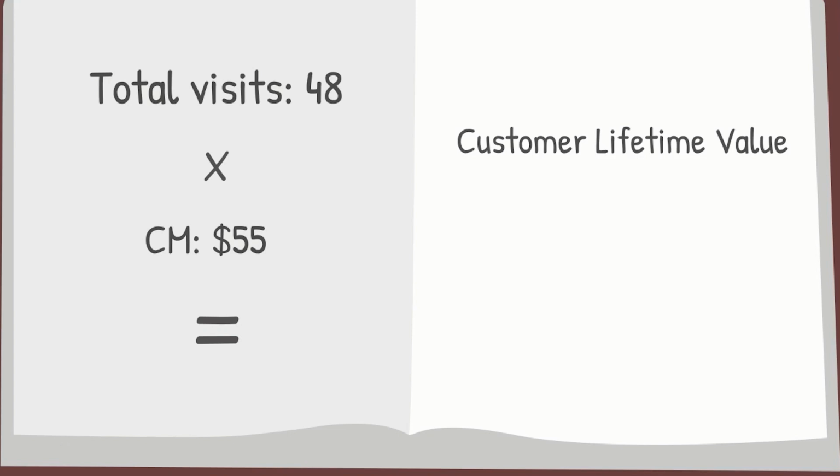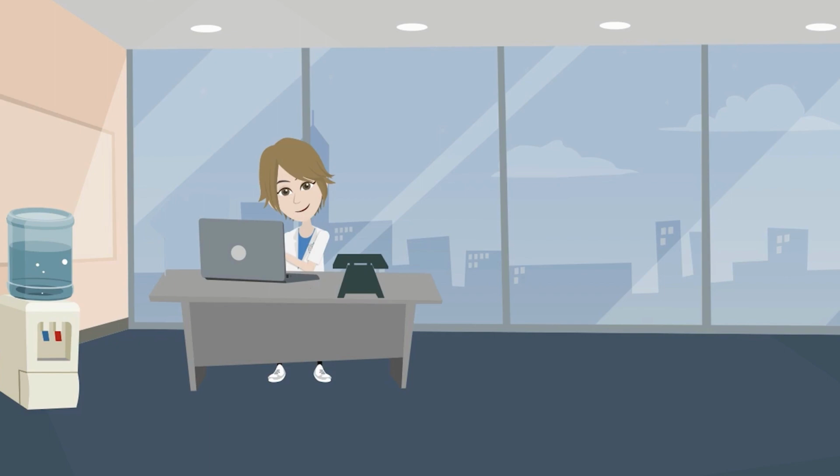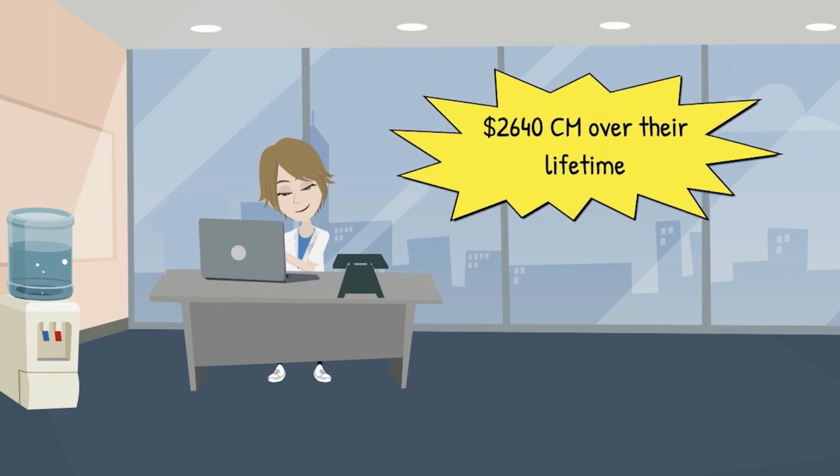So we take the contribution margin of $55 and multiply it by the projected lifetime purchases of 48, and we get $2,640 per client, or patient in this case. We find that each new customer will add an estimated $2,640 in contribution margin over their 3-year customer relationship.